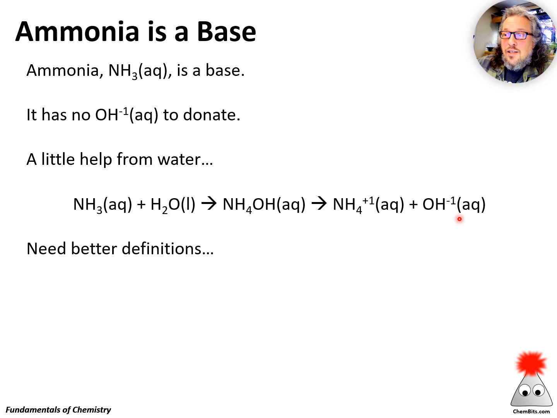And we just found a way to let ammonia, without a hydroxide, increase the hydroxide ion concentration in a solution. Now, this works, and it lets us make ammonia fit into that Arrhenius definition of acids and bases, but maybe we should move on to a better definition that doesn't make us jump through quite so many hoops.